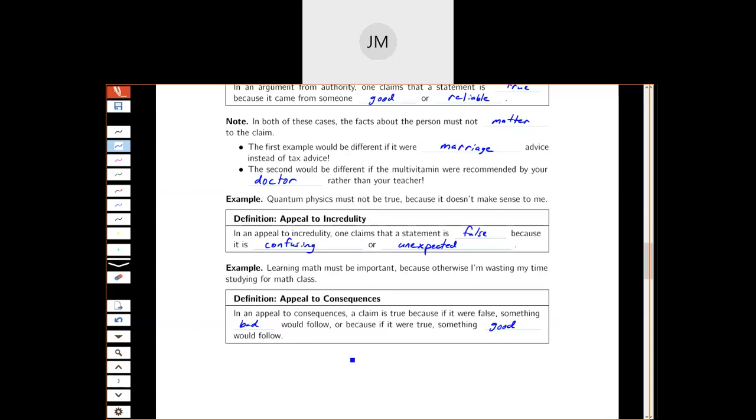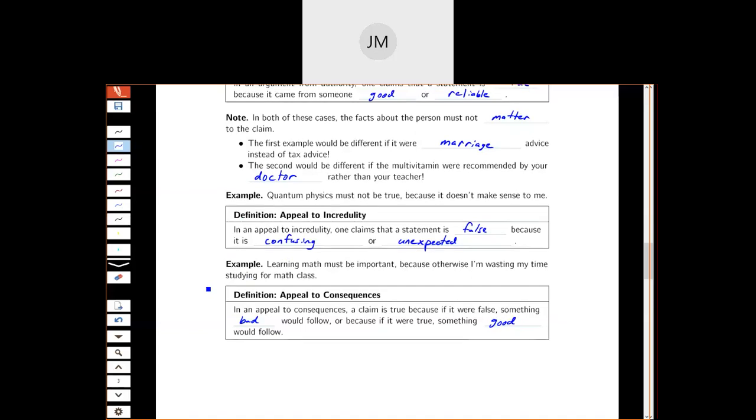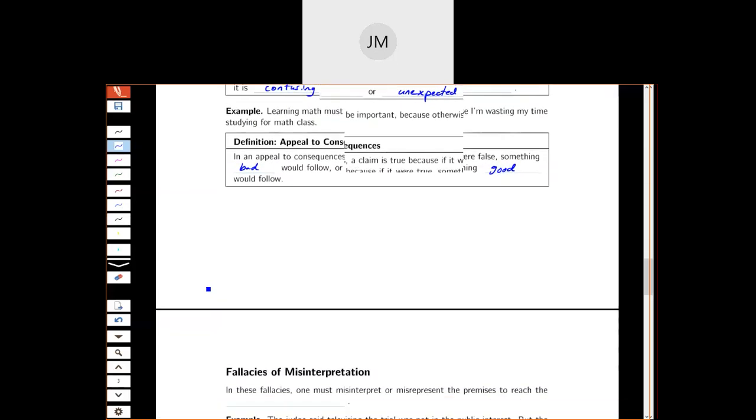The consequences of an action, or a statement, or an idea, aren't a reliable way to test whether that thing is true or false, because other things could be impacting that. Like wasting your time with a math class. Just because you decide to study something doesn't mean that it's important. Math's important for other reasons, but all right.